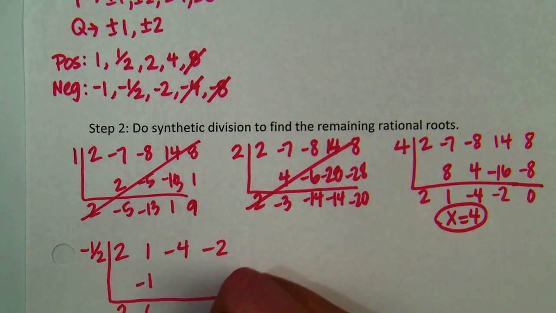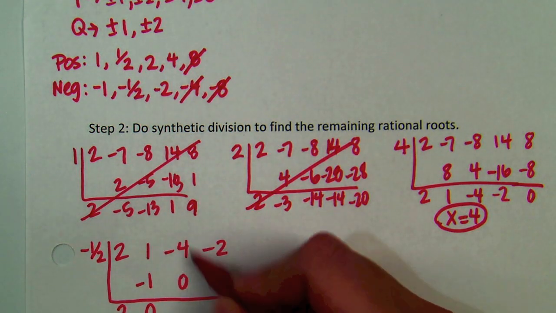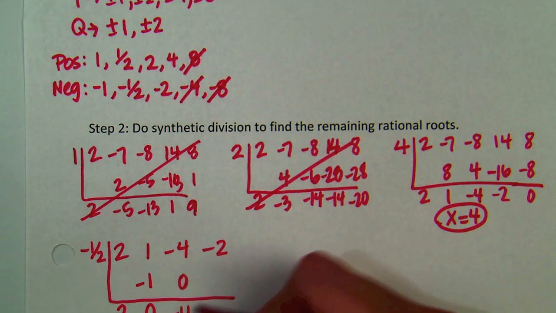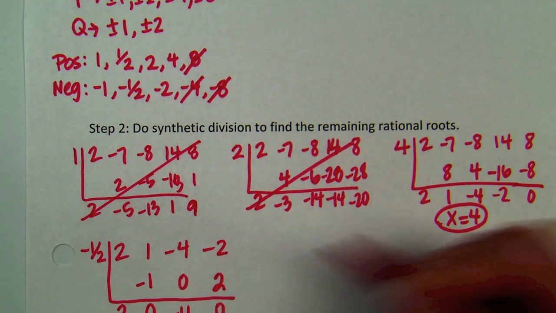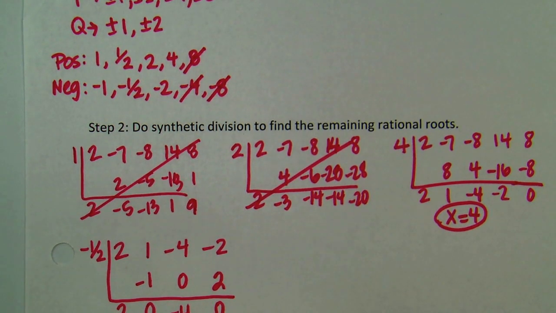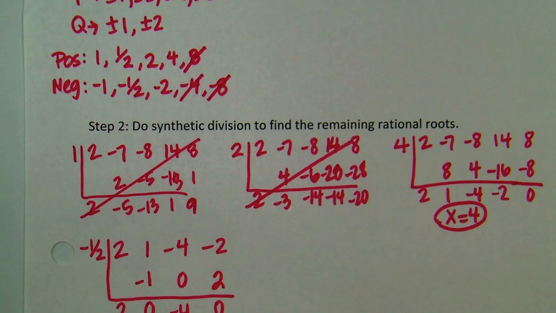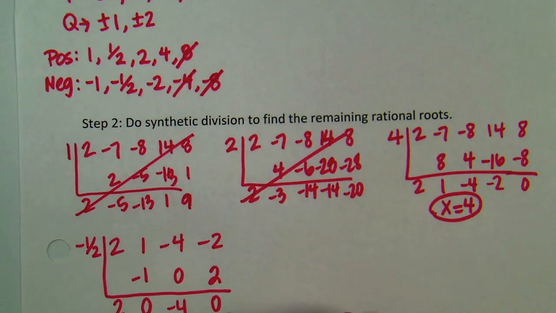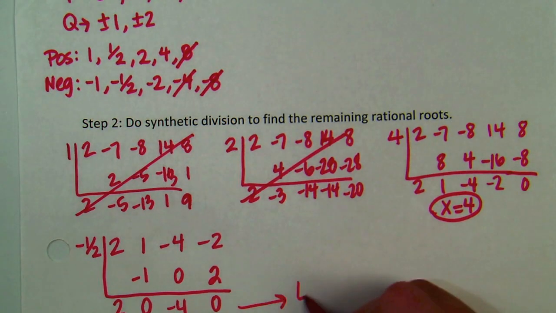But with that new function, any of our roots that go into it must also go into our original. So when you find one root, your synthetic division gets simpler and simpler with each root that you find. Okay, so negative 1/2 we try next, and it turns out that negative 1/2 is also a rational root.